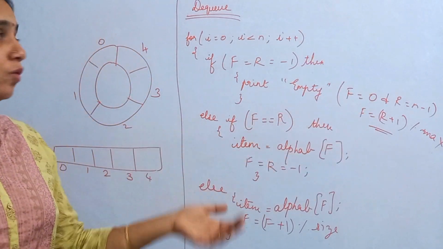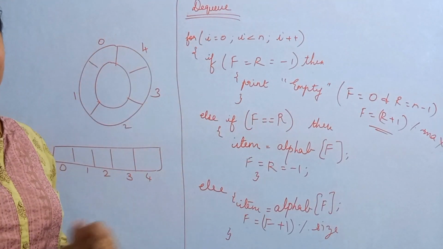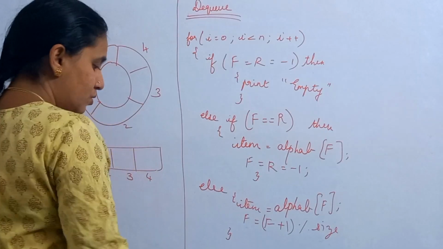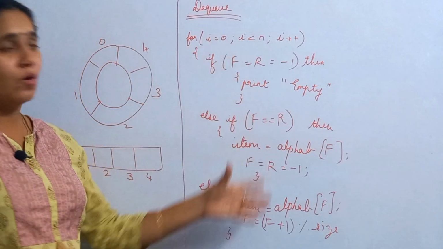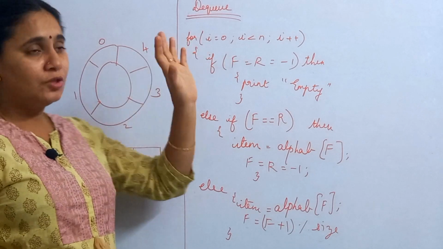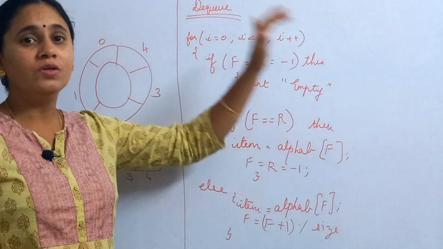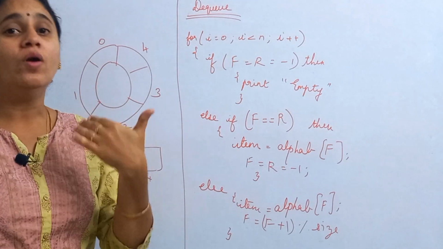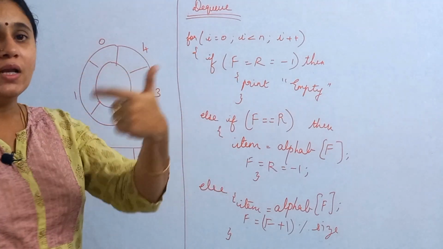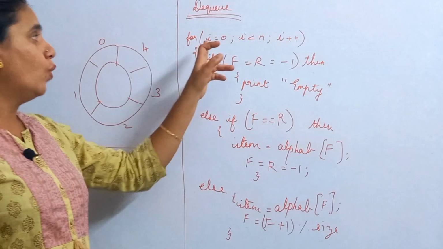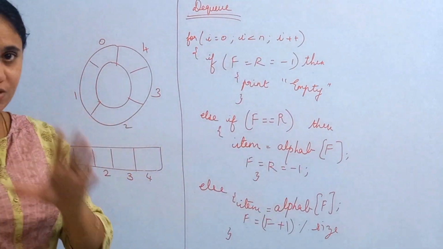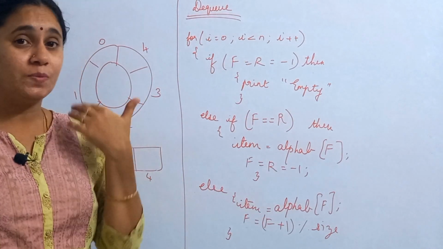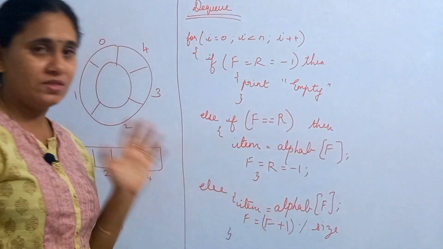Now we can go for the deletion discussion. What is this operation? As I told, this is the for loop used for getting each and every element from the queue. For one element, all these operations will be checked. For another element that is being fed, we execute all these steps.